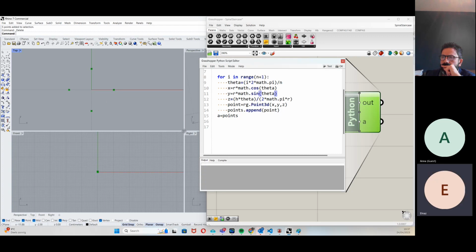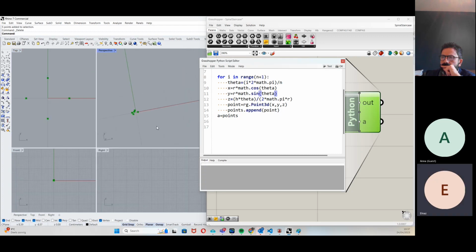And we have now one extra point. 1, 2, 3, 4, 5 points, which is also correct. So we have 4 spans of angles of 1/4 of pi between them.